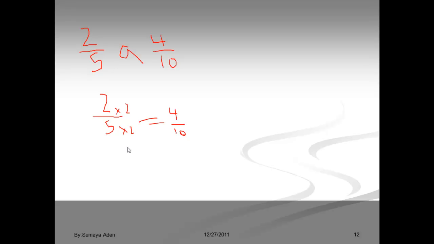And you can divide 4 over 10 by 2, so it equals 2 over 5. So 2 over 5 equals 4 over 10, and 4 over 10 equals 2 over 5.